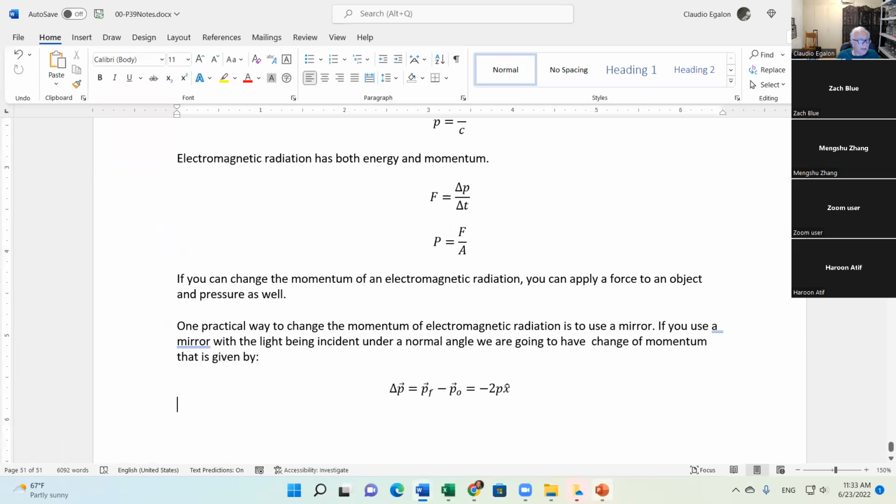And now that you have this change in momentum, you can have a force applied to the photon.